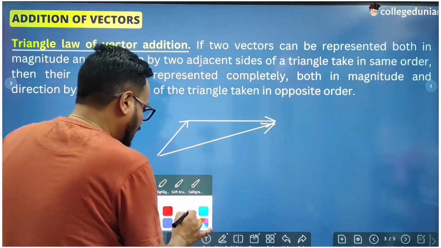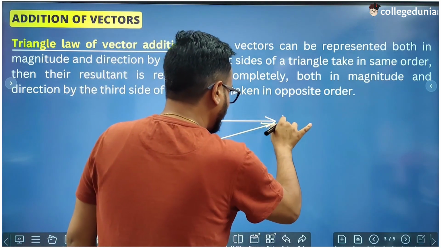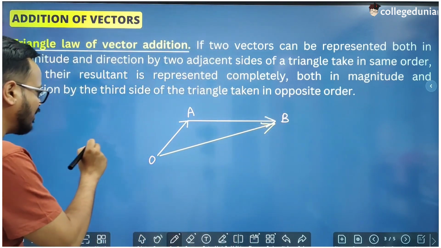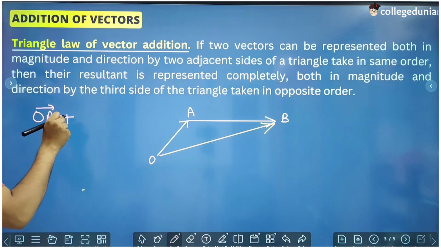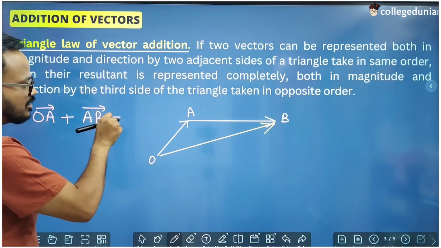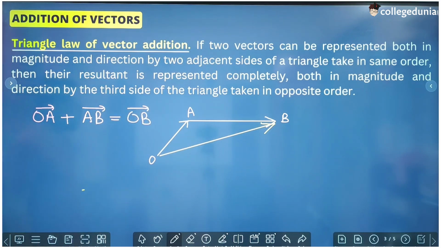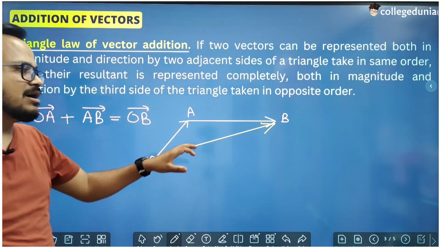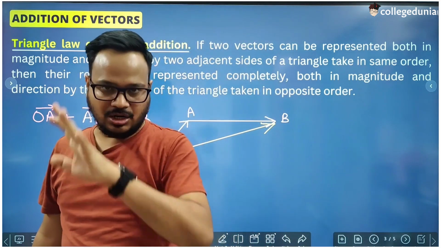If we name the vertices, let us say this is O, this is A, this is B, then vector OA when added to the vector AB will give you the resultant vector OB. So you know how to add the vectors. We are just discussing the direction, so to find the direction we have to use the triangle law.